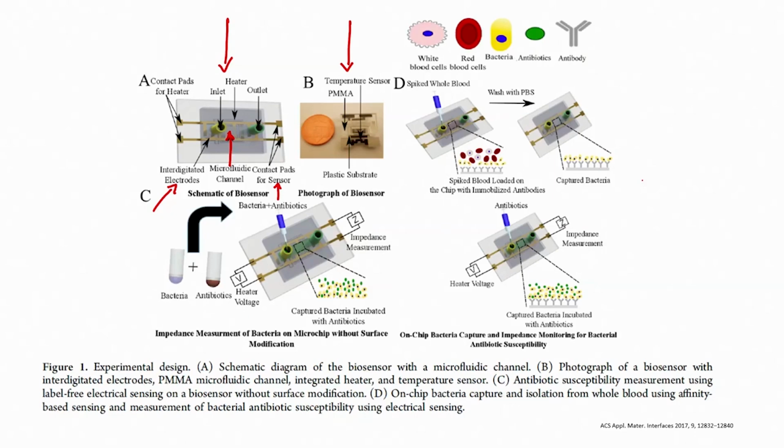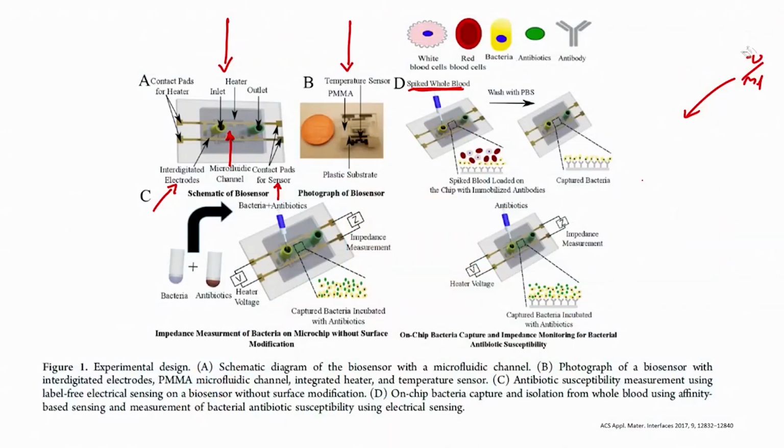Now, we will spike the whole blood. We will take blood and spike it with a known concentration of bacteria, let us say 10⁵ CFU per ml. Adding a known concentration to the blood is called spiked blood.